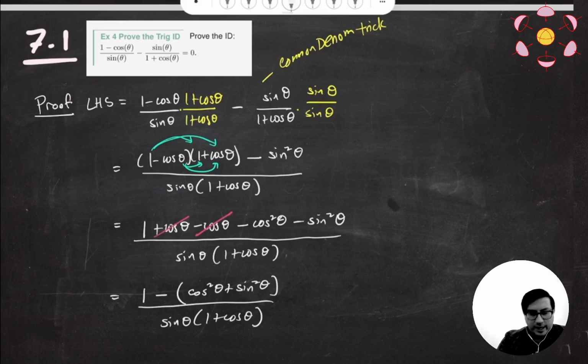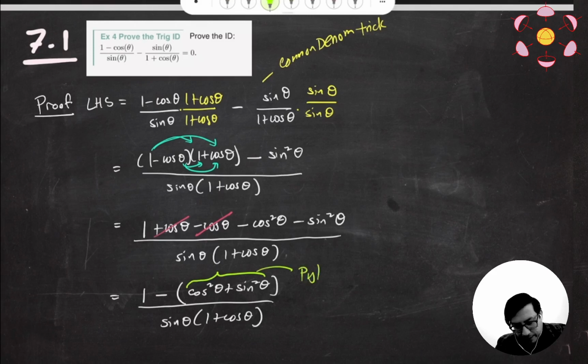Okay, now we can use our favorite theorem, and let's use bright green here. I always like if you tell me when you use the Pythagorean theorem, so I'm going to highlight it in green and say Pythag, just Pythag for Pythagorean identity. Okay, and what does that equal? Let's put it in green.